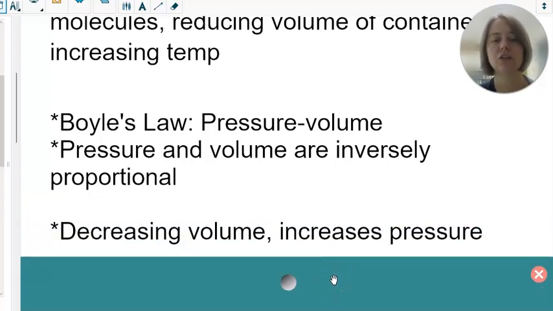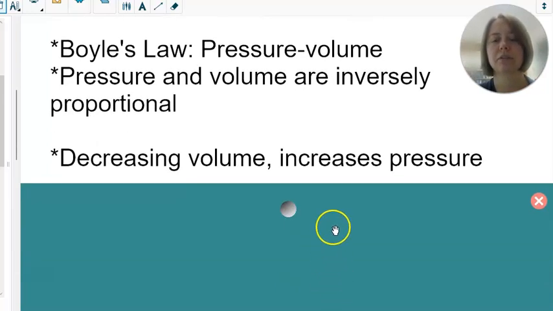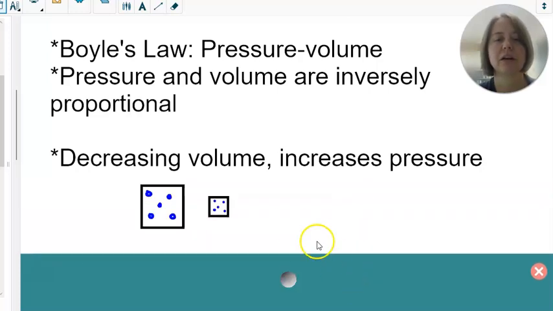So if I decrease the volume, I'm going to increase the pressure. The pressure is going to go up. So if I take my original volume and I decrease it, then there's going to be more pressure on the walls of this container than the original container. There's just less area.